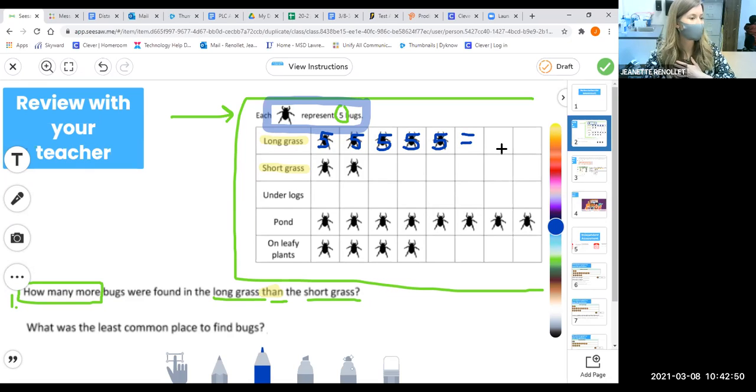Whatever I'm writing on Seesaw, you are writing on Seesaw. There are 25 bugs in the long grass. That's what the data is showing in our graph. Take a minute and show that you have counted up to 25 bugs for the long grass category.